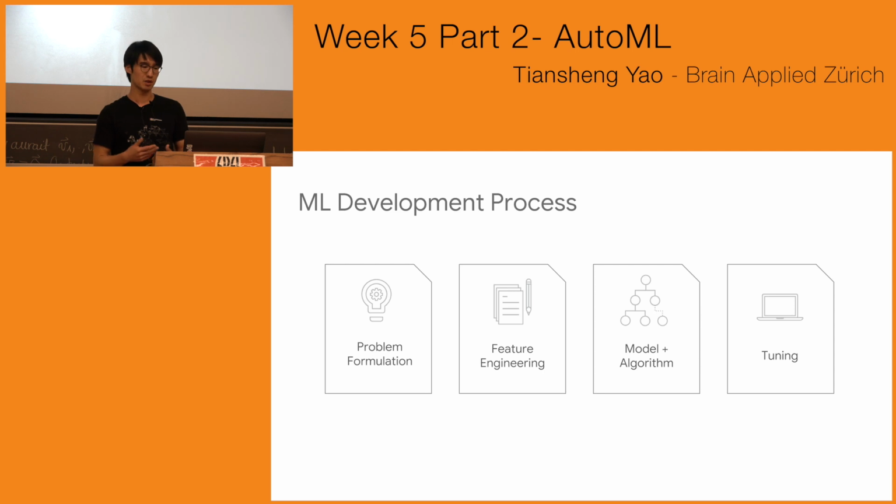Then we work together to improve the model or select the model or algorithm that we want to tackle the problem. Then we go through extensive tuning and experiments, and finally we launch the product or the ML solution.